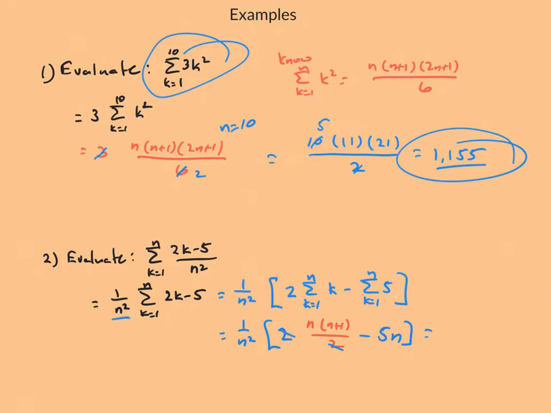And when I distribute the 1 over n squared, I'm going to get that this sum is equal to n times n plus 1 over n squared minus 5n over n squared. Or I can just say it's n times n plus 1 over n squared minus 5 over n. And that would be my final answer on this. It's going to be an expression in terms of n.